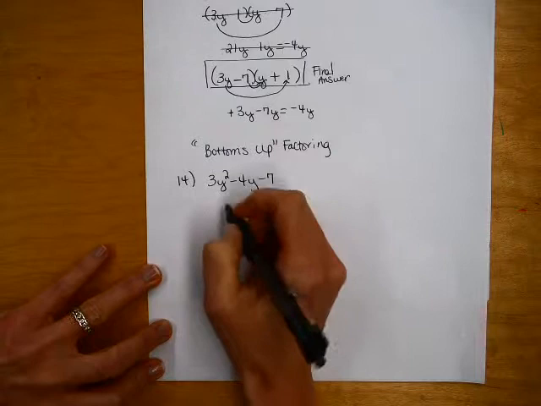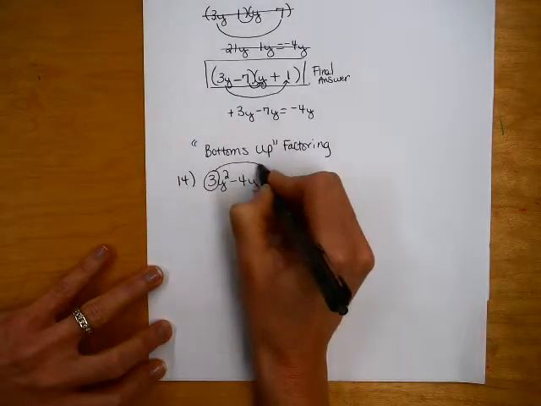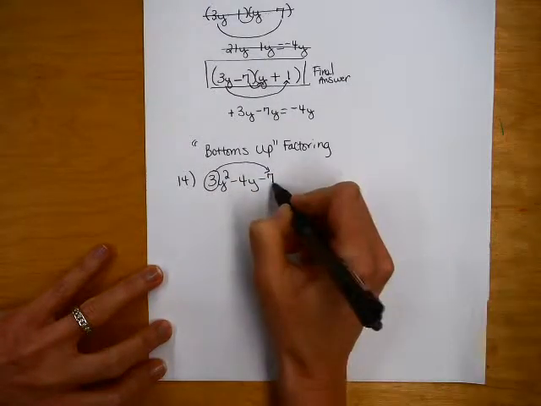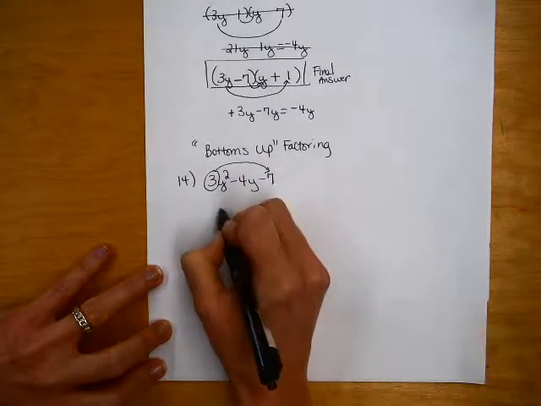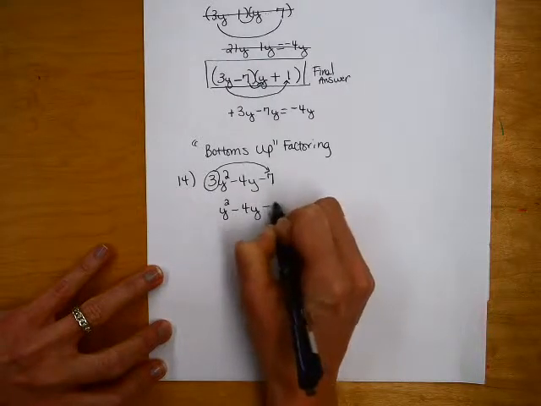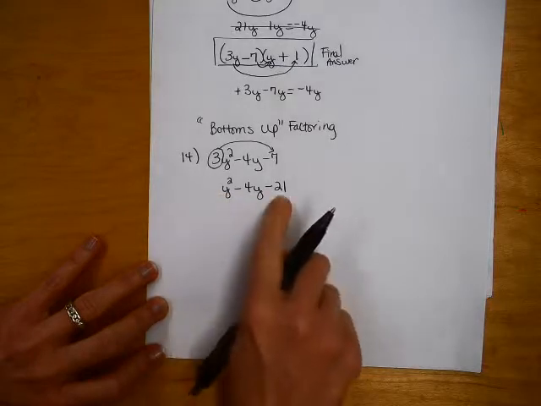So on bottoms up, we would start by taking this 3 that's here in the front, and you can think of it as moving it to the end and multiplying it times this last term. So I'm going to take 3 times 7 would give me 21 here. So now this is going to become y squared minus 4y minus 21. And I'm going to factor that trinomial.